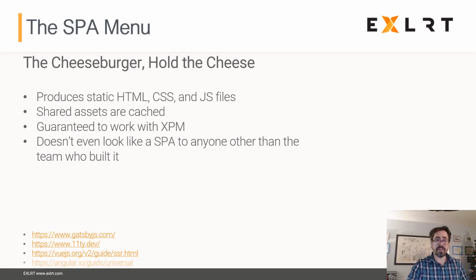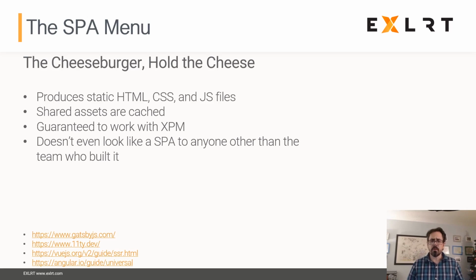And you even have Angular Universal, which can do something kind of similar to that. So if you're wondering, is this even a SPA? Well, you're writing JavaScript, and you've got all of the features that you would see of that JavaScript framework being used, but you don't have any of the interactivity that comes with a single page application. Hence, it's a cheeseburger, but hold the cheese.